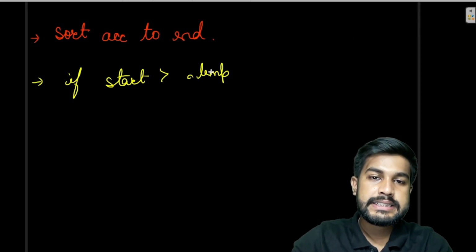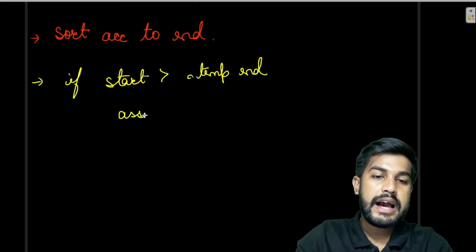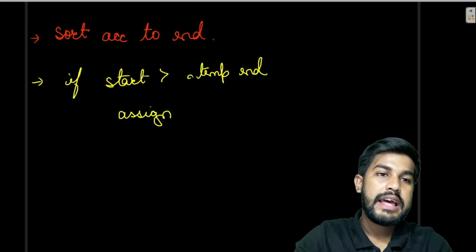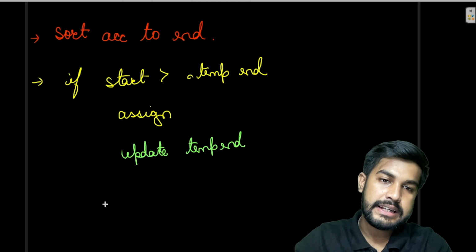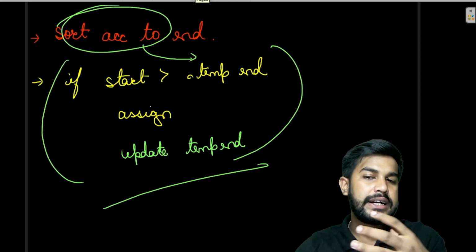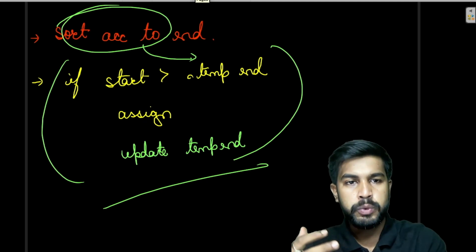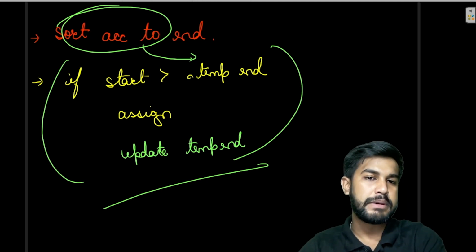If the start is greater than the temp end, then I would assign, and the next step would be to update temp end itself. So now we just need to sort and update the temp end. But there is more to it. We would talk about the sorting part in detail during the implementation.